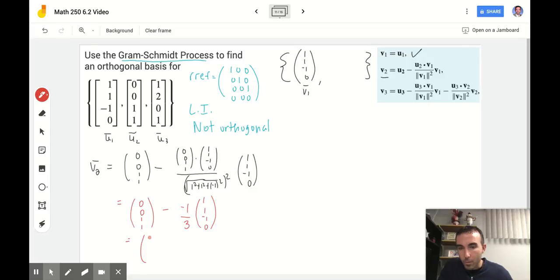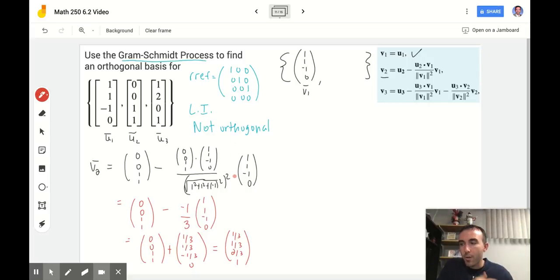So this ends up being 0, 0, 1, 1 plus, I'm just going to distribute this in, a third, a negative third, and a 0. So for my final answer, my vector would be a third, 2/3, and 1.